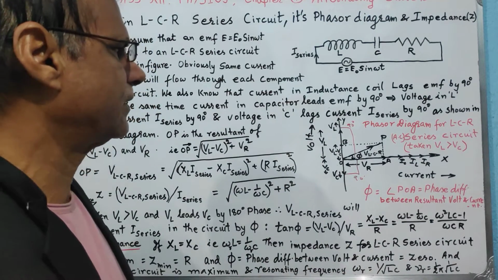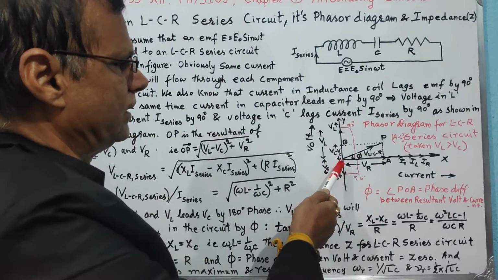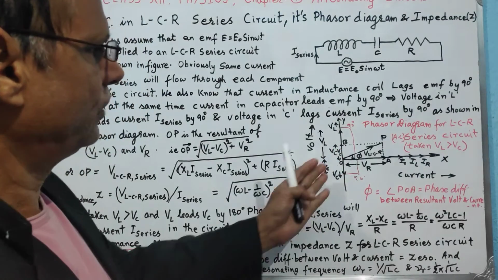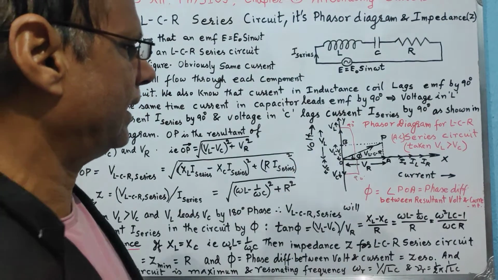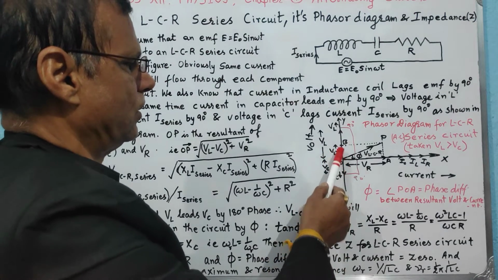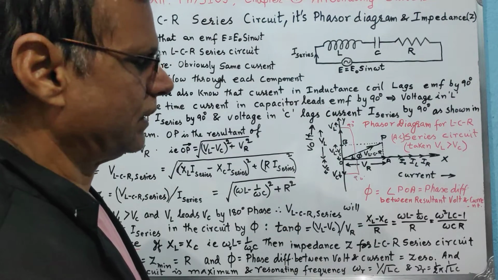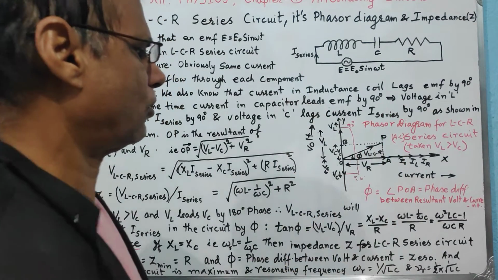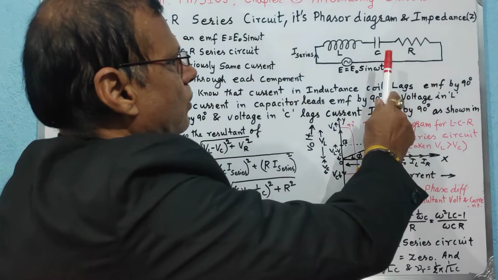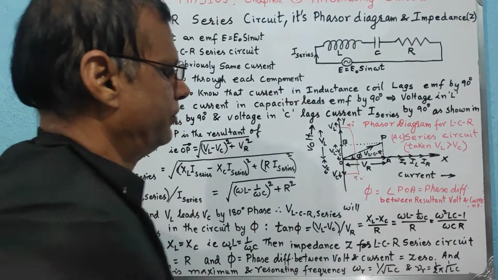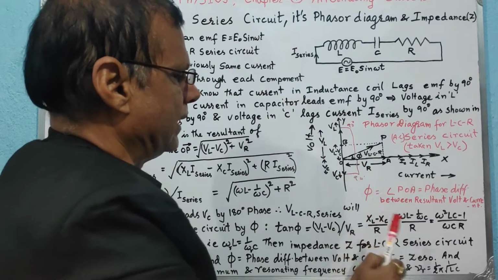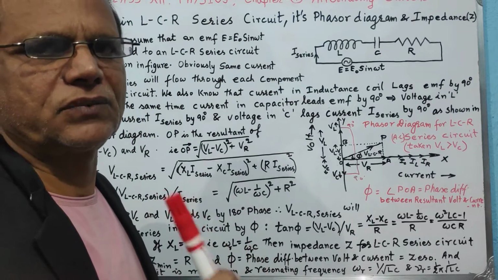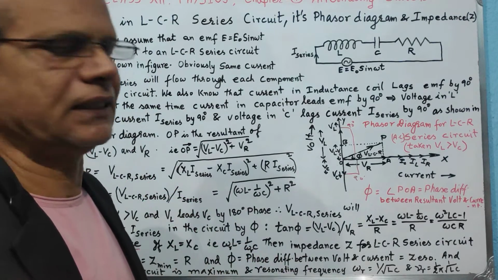The algebraic difference will give us the net voltage along the y-axis, and since we have taken VL greater than Vc, we are left with some value along the positive y-axis, meaning VL minus Vc is the net potential drop along the y-axis. The potential drop across the resistance will remain in phase with the current, because the phase relationship for a purely resistive circuit is 0, meaning current and voltage are in the same phase.